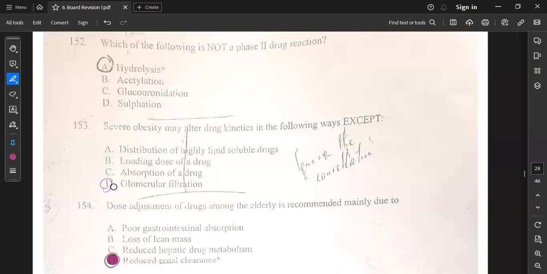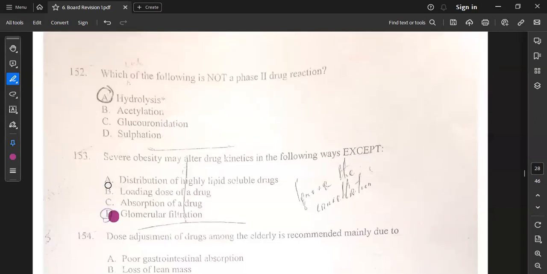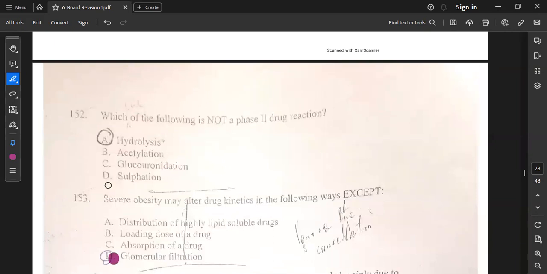We are left with option C and D, absorption of a drug and glomerular filtration. Yeah, absorption increases with obesity. Hiral, you can help us reason through C and D. Since absorption increases with obesity, then that would also be correct.